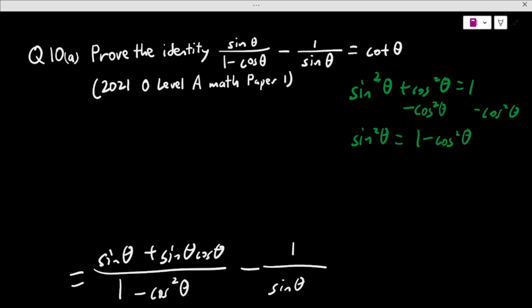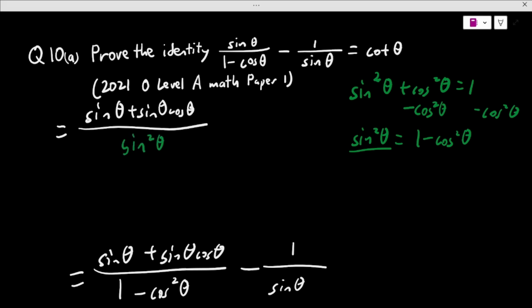So the denominator right here is actually sine square of theta. So let's rewrite it like that. It's going to be sine of theta plus sine theta cosine theta divided by sine square theta, minus 1 over sine theta.